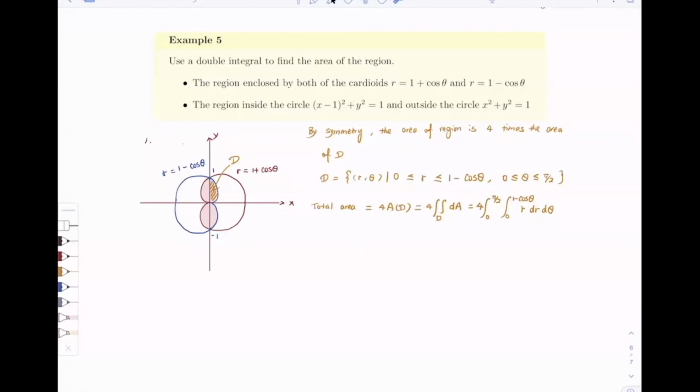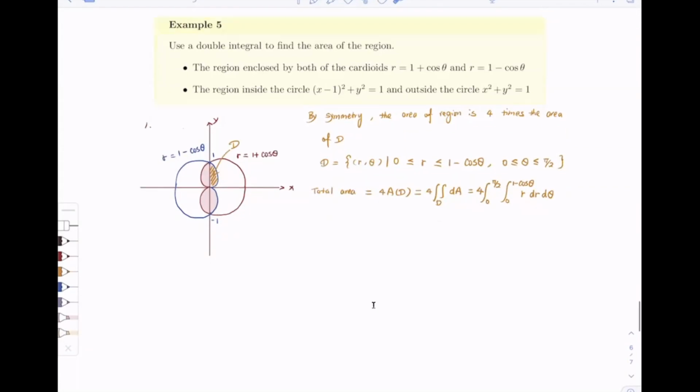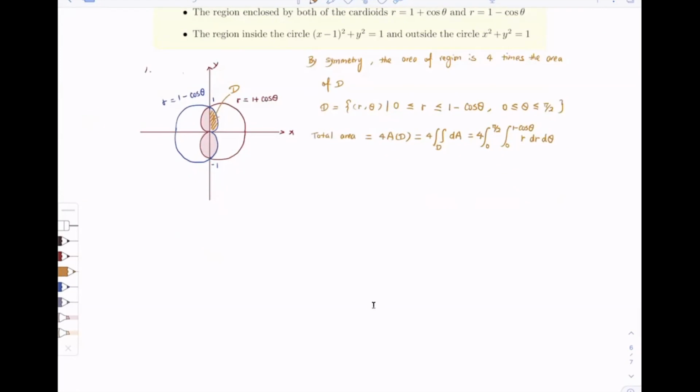I'll draw a graph in case you don't know what it looks like. Your assignment is r equals 1 plus cosine theta, and then r equals 3 cosine theta. So what does that look like? I'm really bad at drawing, but you just know what I mean, and that's enough.